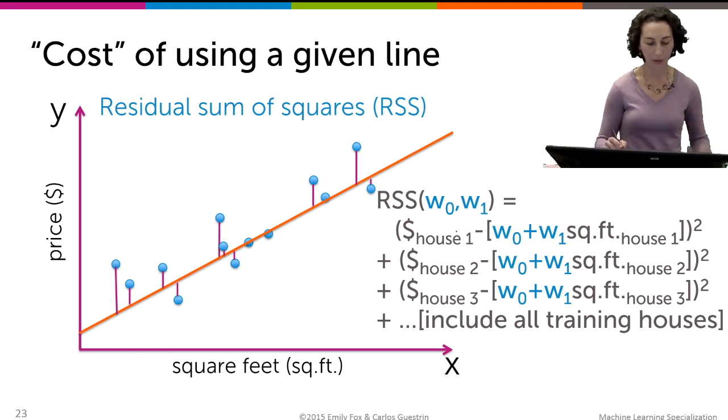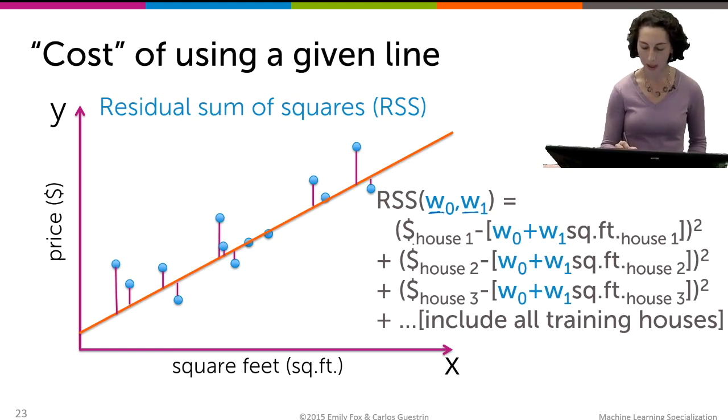So that's why this is called residual sum of squares. So this is the formula that we presented in the first course of the specialization. So I'll run through it fairly quickly. Our residual sum of squares is going to be a function of our two parameters, W0 and W1. That determines what line we're looking at. So of course, as I change that line, we're changing the cost, this cost term RSS.